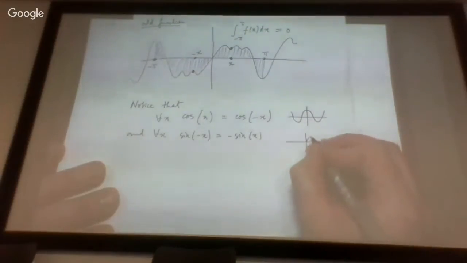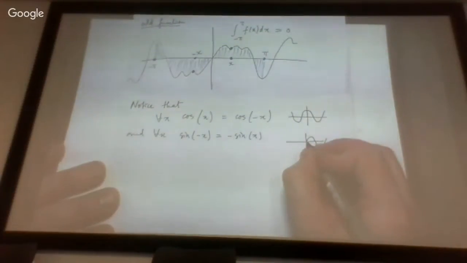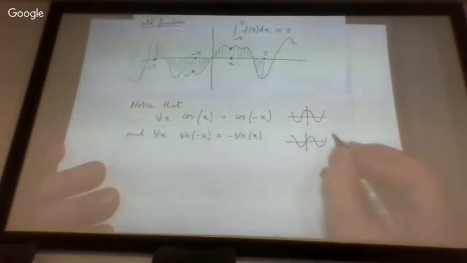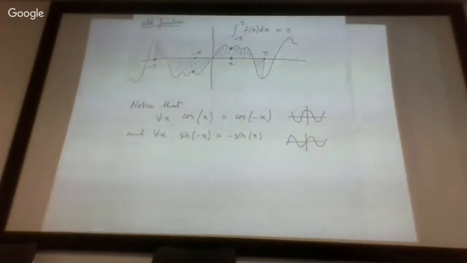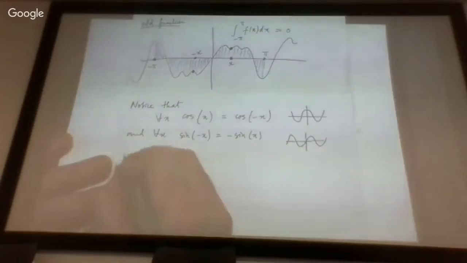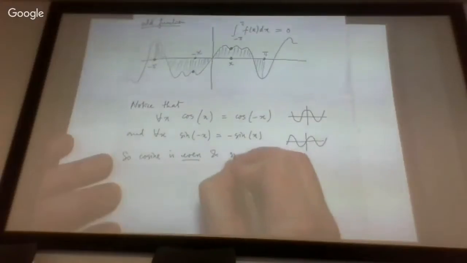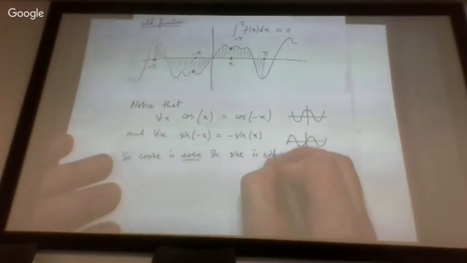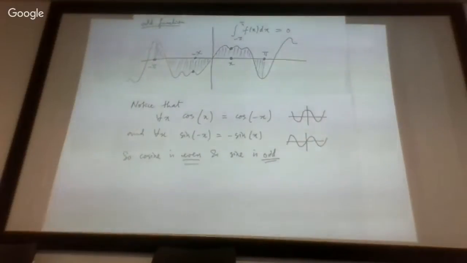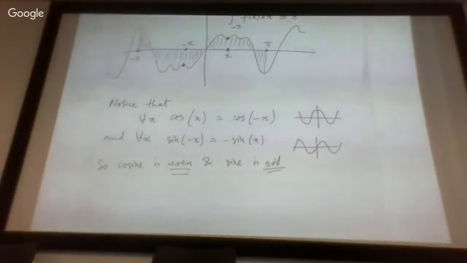The graph of sine, you have to reflect it in both axes. So cosine is even, and sine is odd. Well, that's nice. So our basis functions fit into this picture very well. Of course, the constant function 1, being a constant everywhere, is an even function as well.